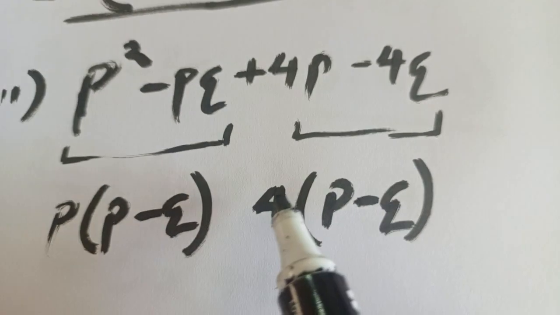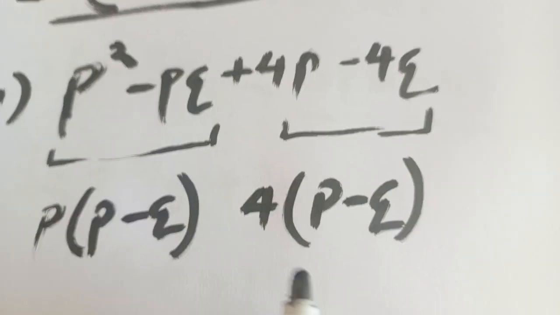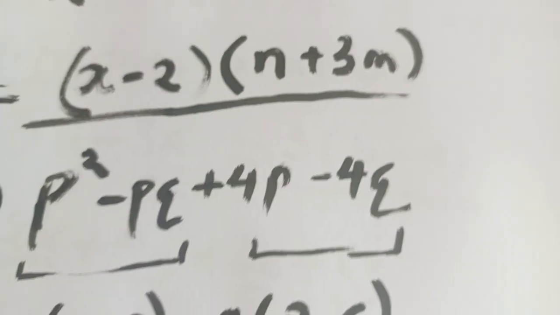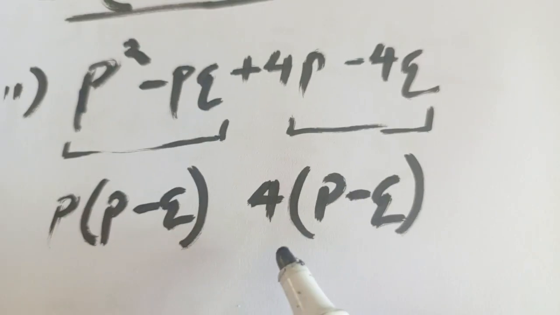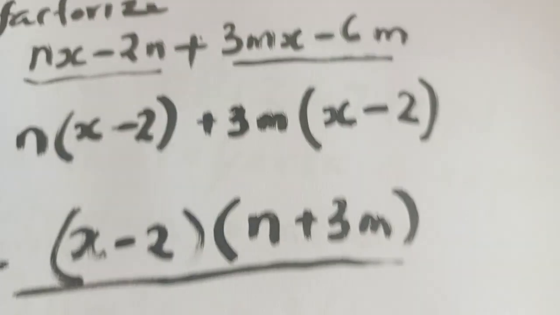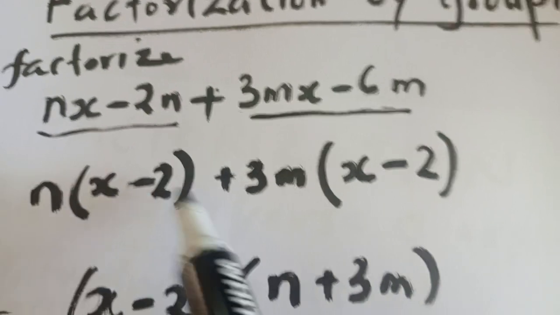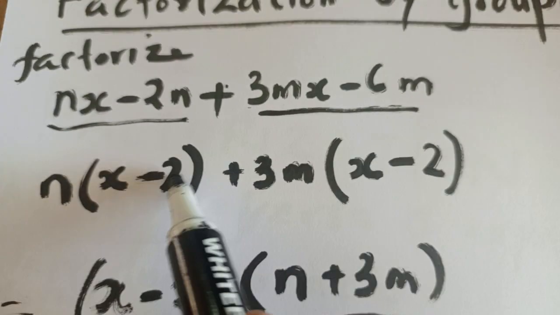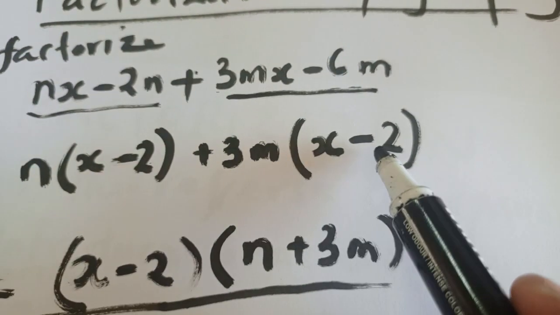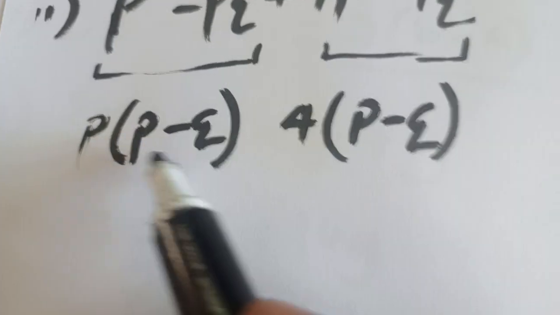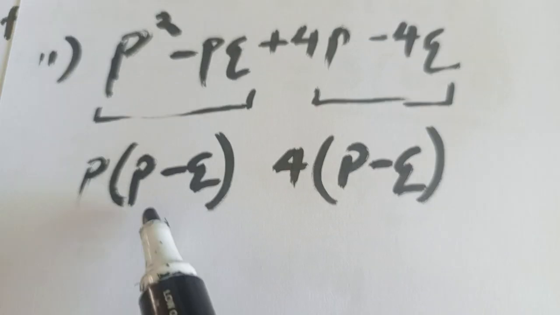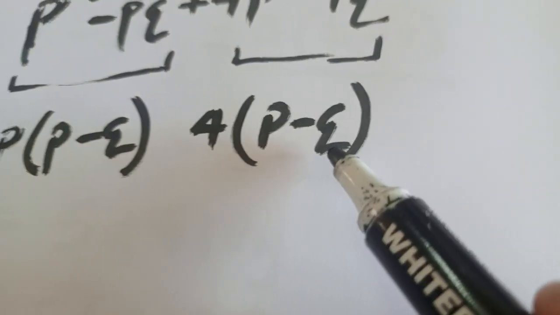If you are keen so far, you'll realize when we reach this stage of factorization, the two brackets are the same. Look at the previous case. When we found x minus 2, in the other case, we also had x minus 2. Now here we have p minus q after pairing, after grouping. Then we also have p minus q.